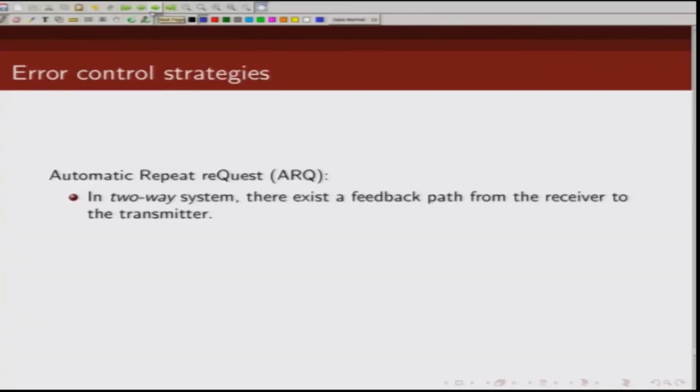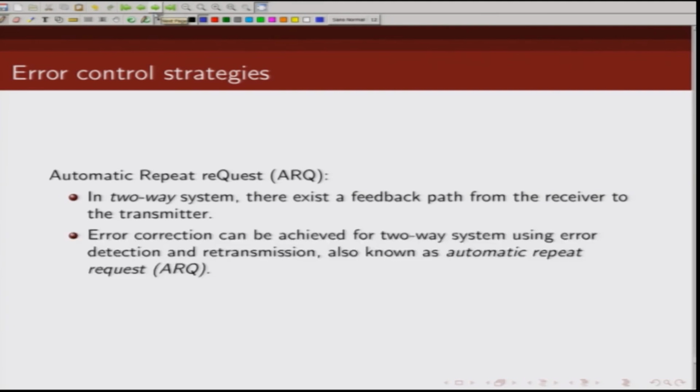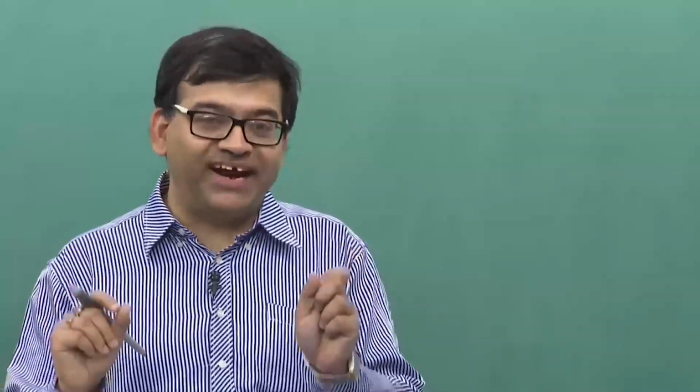Now, in some cases we have a mechanism of feedback from the receiver back to the transmitter. So, in those cases where there exists a feedback from the receiver to transmitter, we are calling these systems as two way systems. So, for these systems basically the error correcting strategy which is used is what is known as automatic repeat request. Now, how does this work? So, you initially send some coded packets where you just use parity bits for error detection.